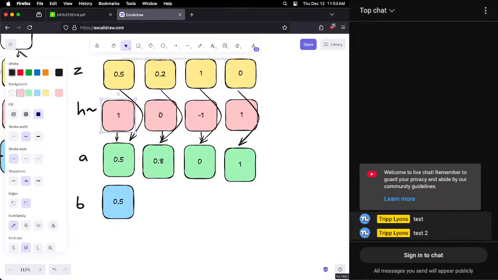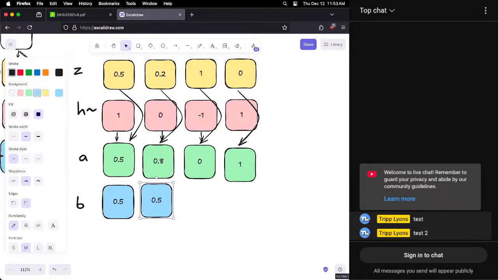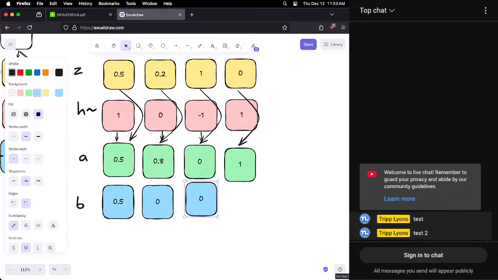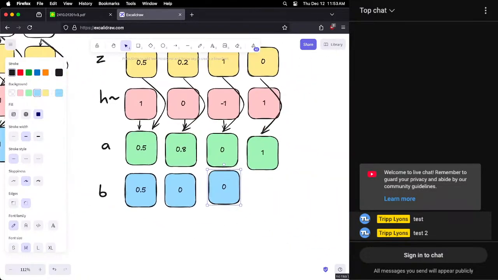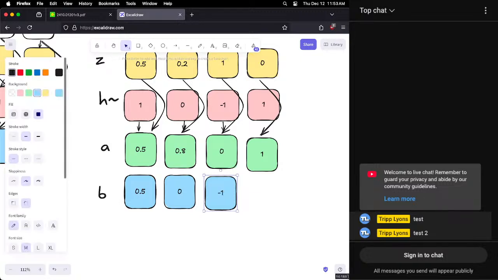So this should be 0.5. H bar 0. So it's just 0. Yep. -1, and this is going to be 0.